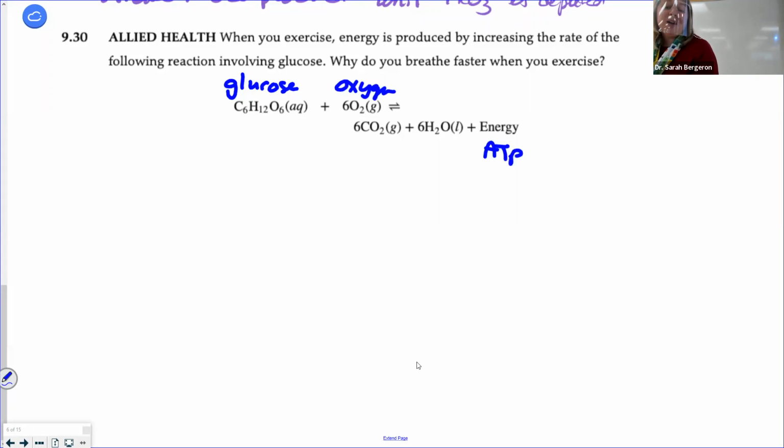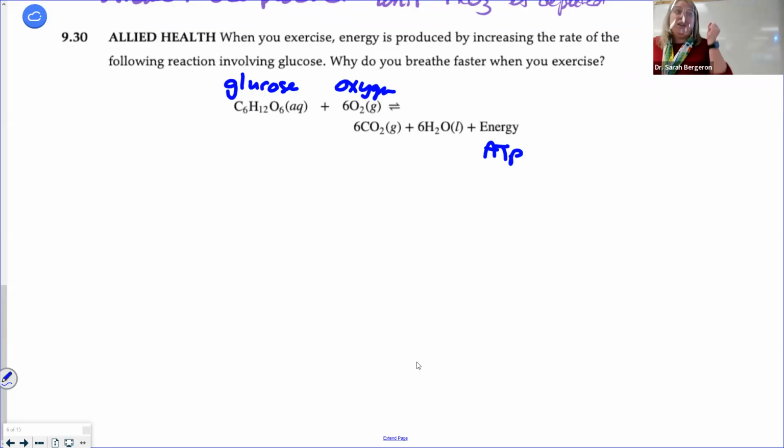And then as waste products, we make carbon dioxide and we make water, right? This is what you've seen in biology. So the more oxygen, the more glucose we consume. In order to run from one place to another, are you going to use more energy or less energy than if you walk?